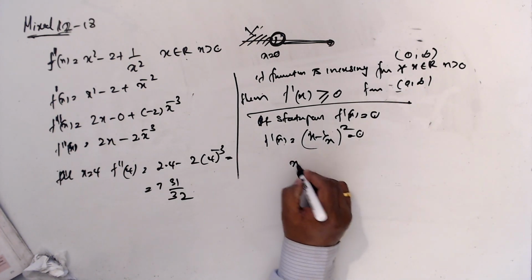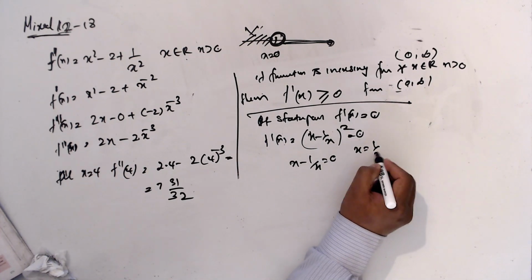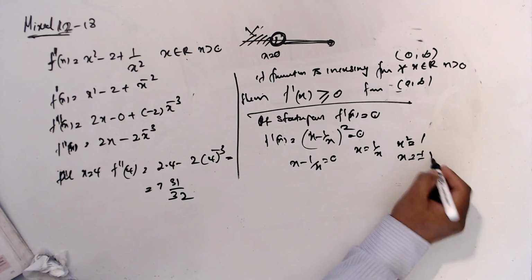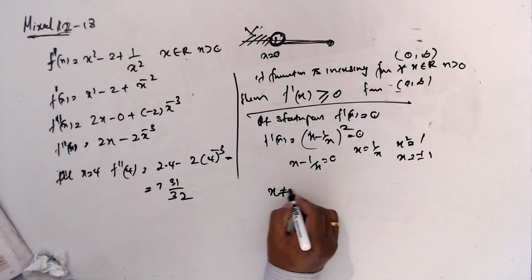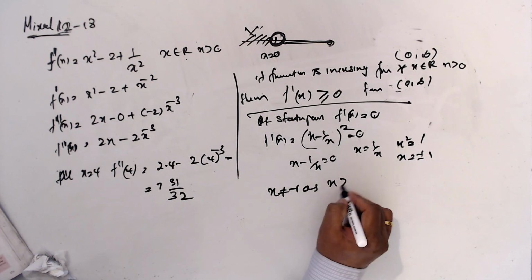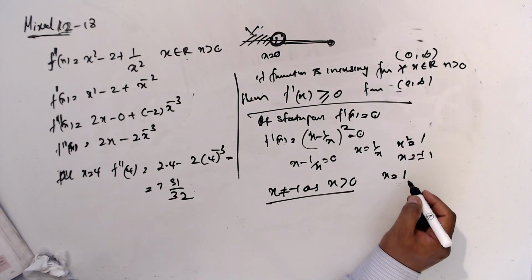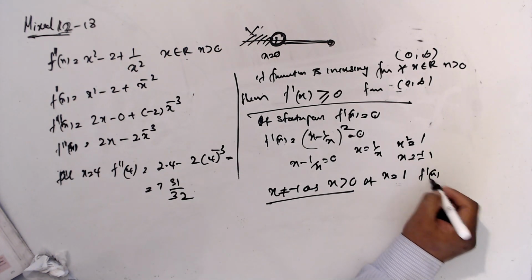It means x equals 1 over x, x squared equals 1, x equals plus or minus 1. But x can't be minus 1 as x is greater than 0. Then x equals 1 is where f dash x equals 0.